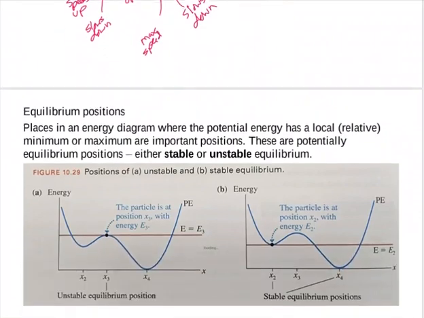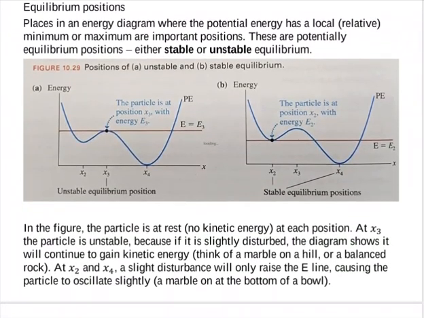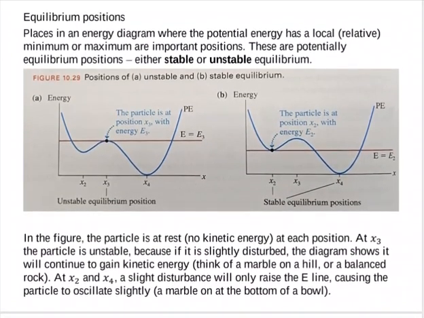Okay, so equilibrium positions. This is actually a very important concept here. Places in an energy diagram where the potential energy has a local or relative minimum or maximum are important positions. Both of these words, local and relative, can be used. They mean the same thing. They are potentially equilibrium positions, places where you are stable or unstable at rest.